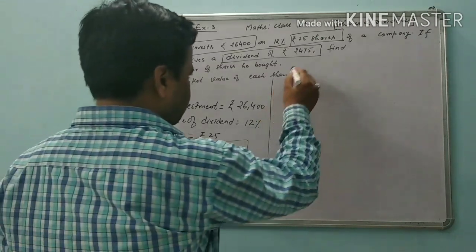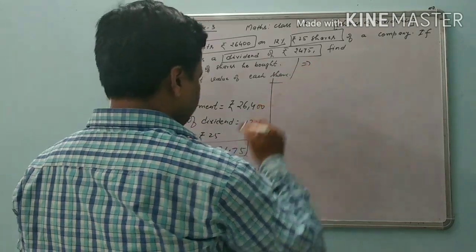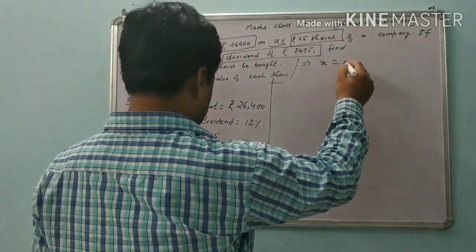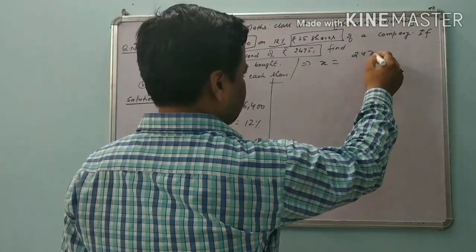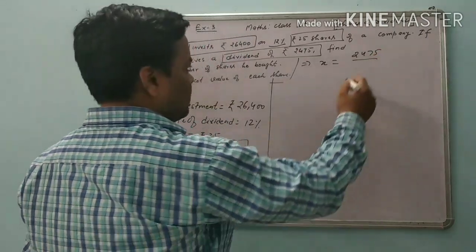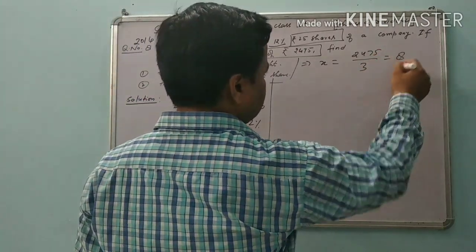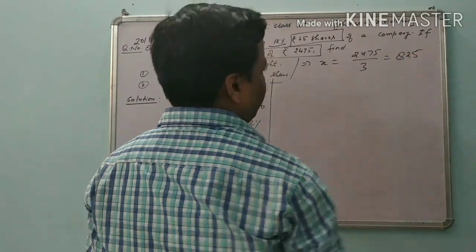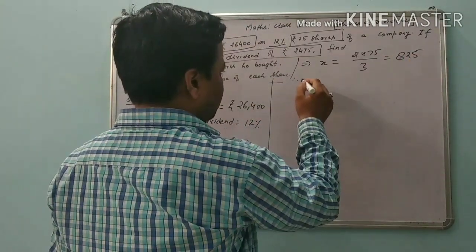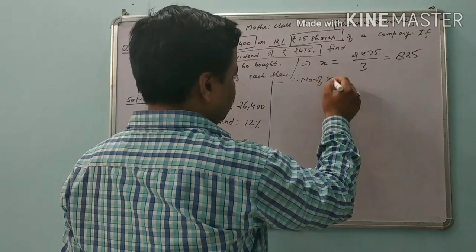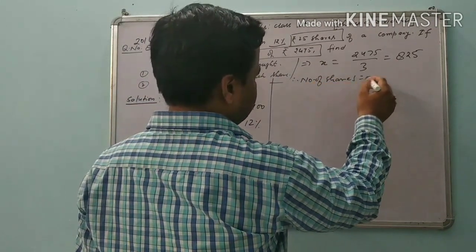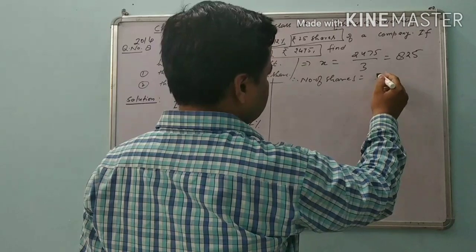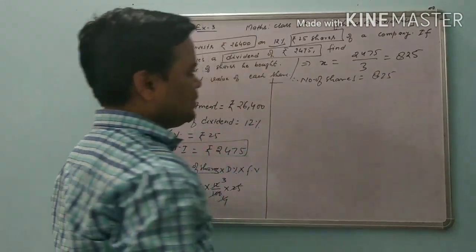So this implies that x is equal to 2475 by 3. So 3 eights are 24, 3 twos are 6 and 3 fives are 15. Therefore, the number of shares is equal to 825.